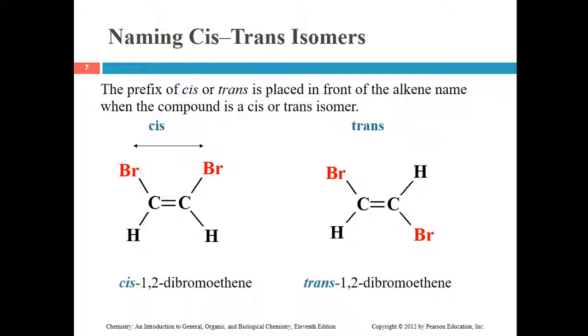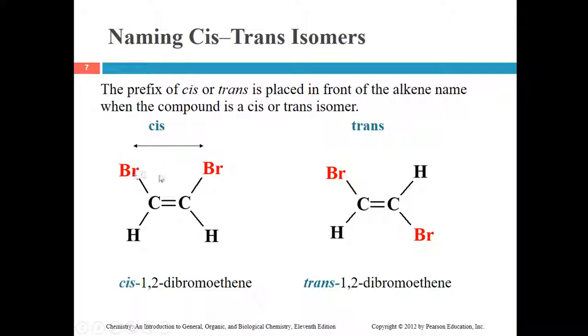So now we're going to practice a little bit of naming. These can represent cis or trans. Why? Because on this particular carbon of the double bond, you have two different groups. On this particular carbon of the double bond, you have two different groups. So then we look at the groups.